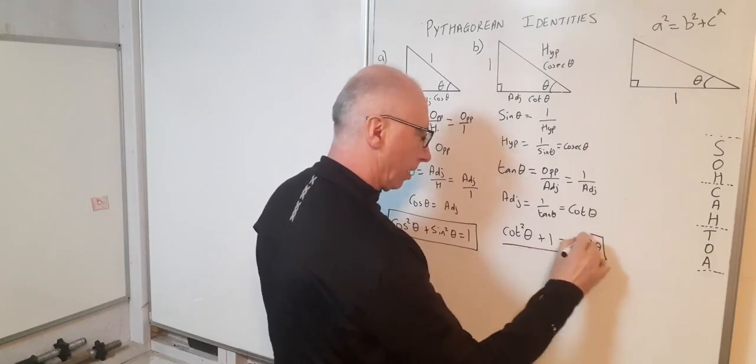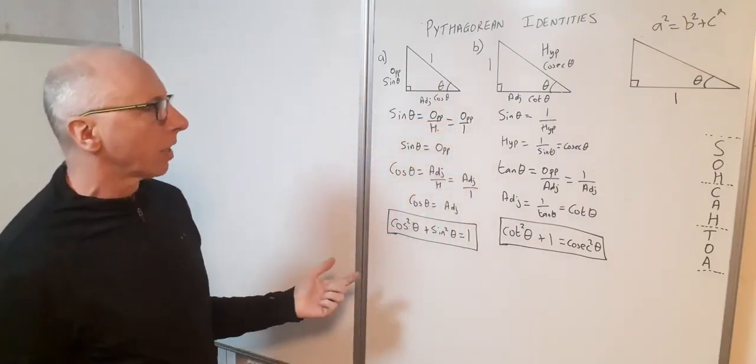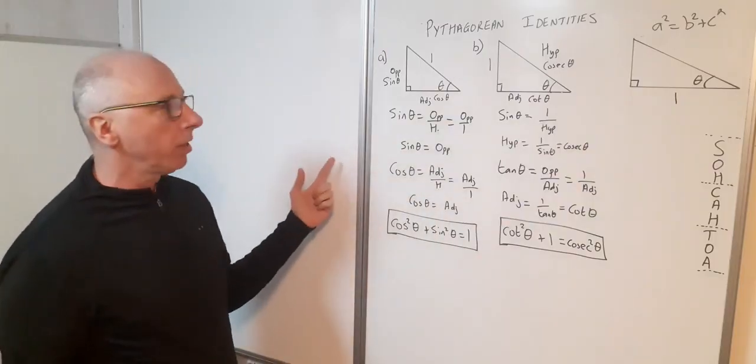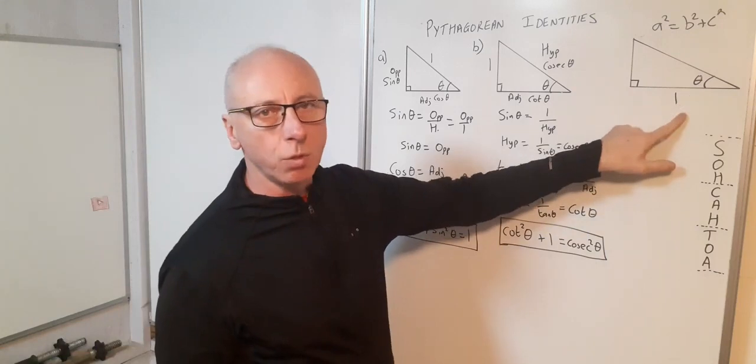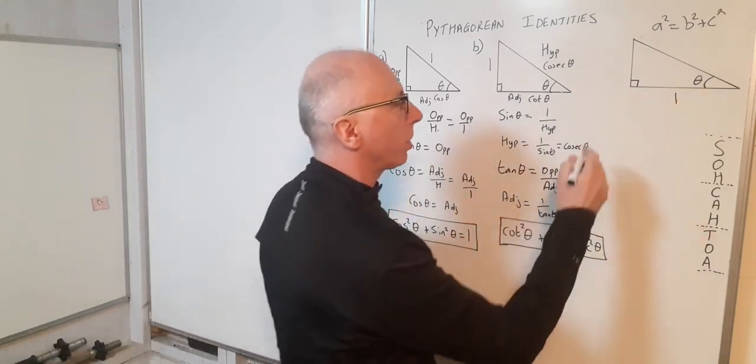That is my second trig identity taken care of. Then we've got this one here. Where are we going to start with that one? This time I've got my adjacent one here, so I'm going to need to use that. So I'm going to use cosine equals adjacent over hypotenuse.